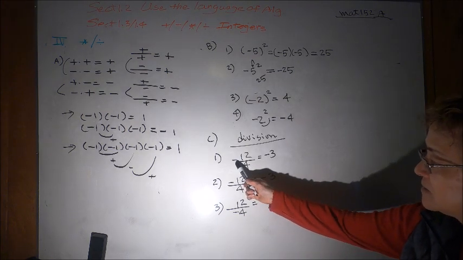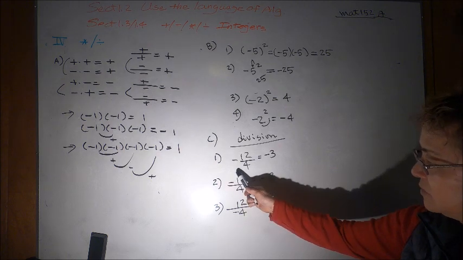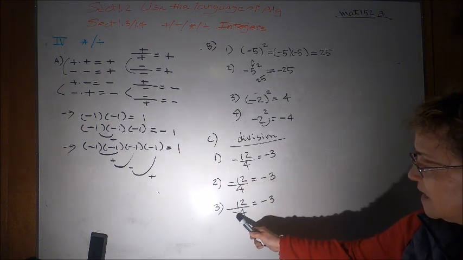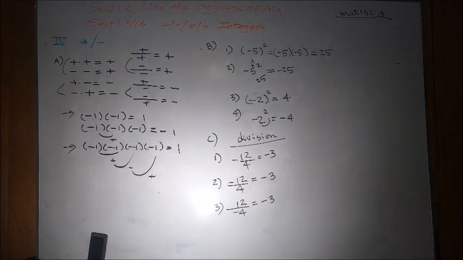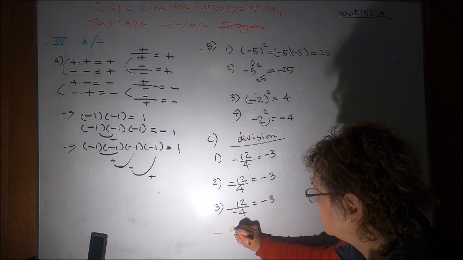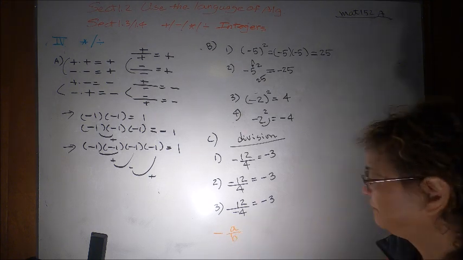You can put the negative outside, end up this way. Negative on the top, end up this way. Negative on the bottom, you end up the same answers. Different ways of writing. Okay? And so in general, we have what? We use the abstract symbols.